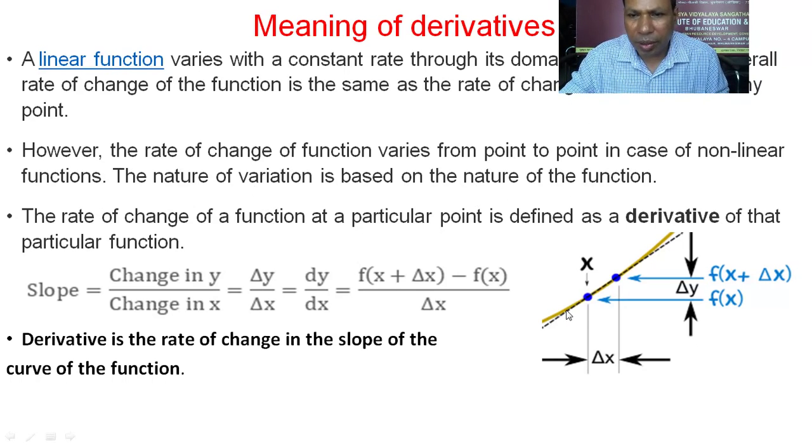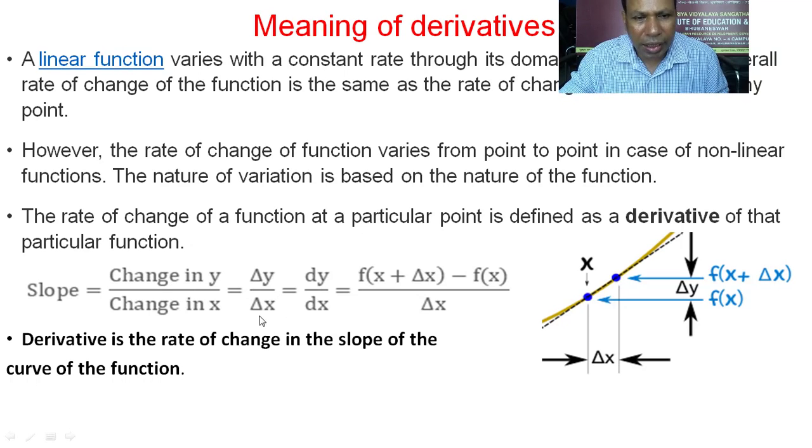Now here we have drawn the graph of a function. The rate of change of a function at a particular point is defined as the derivative of that function at that particular point. Now think of the tangent, the slope of the tangent. The slope of the tangent to this curve at this point is the change in the y coordinate by the change in the x coordinate, denoted by delta y by delta x.